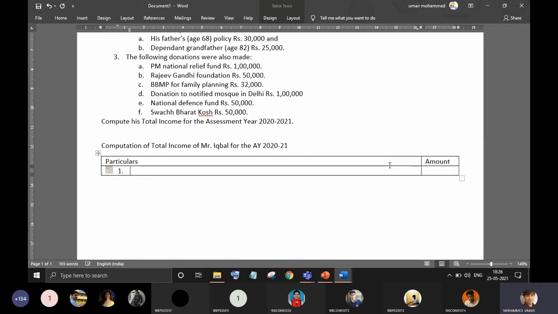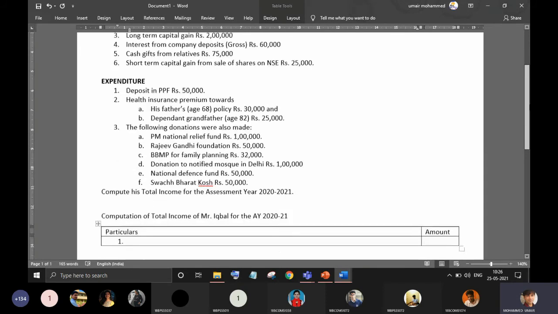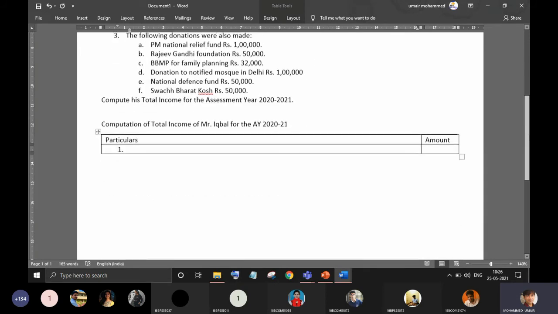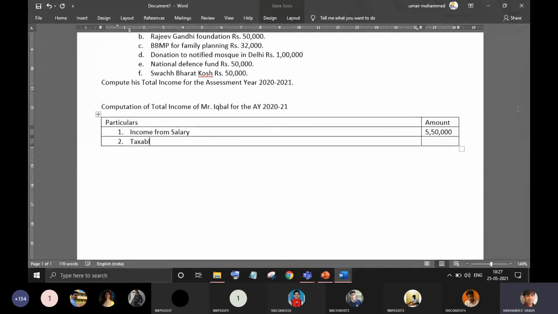Our first job is to list out various incomes. So first is salary income 5,50,000. Next you have taxable income from house property, 2,20,000.